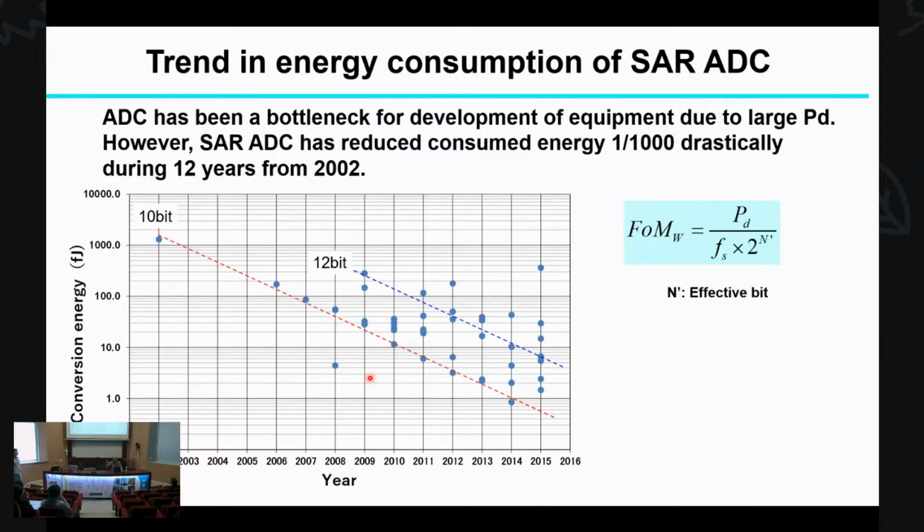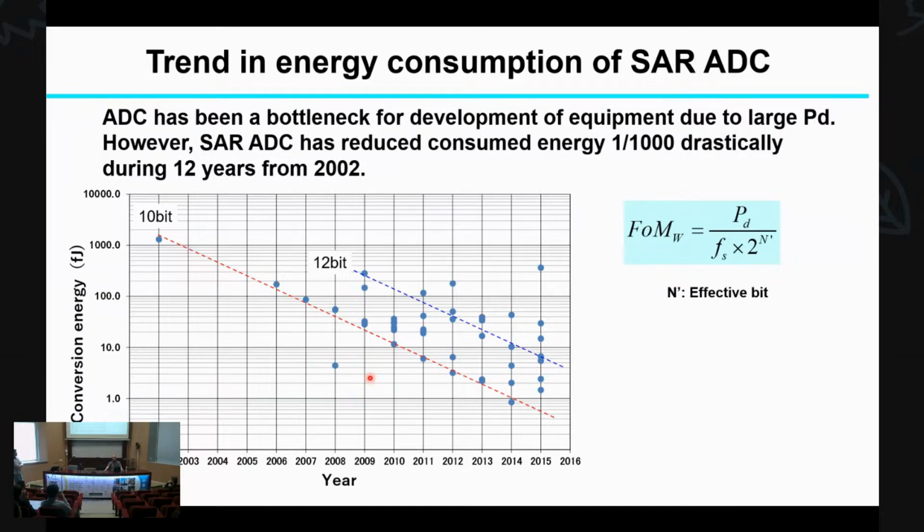However, a 14-bit ADC consumes much power. This is one nature of the circuit: power is limited by the capacitor, kT over C. Higher resolution requires a large capacitor and results in large power.